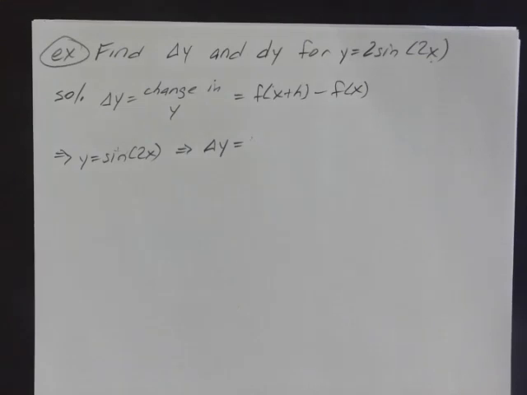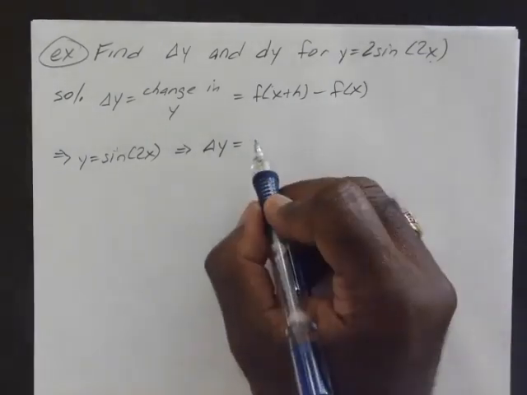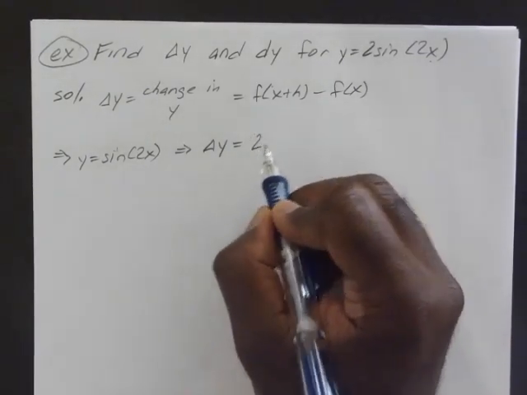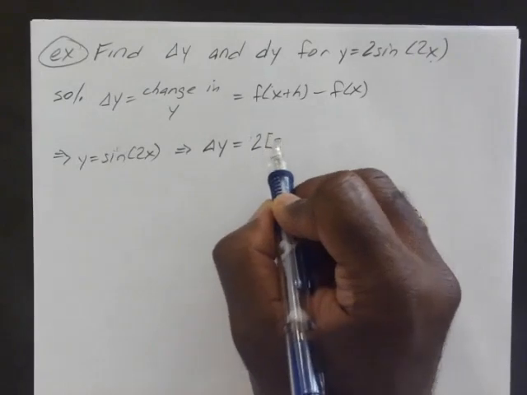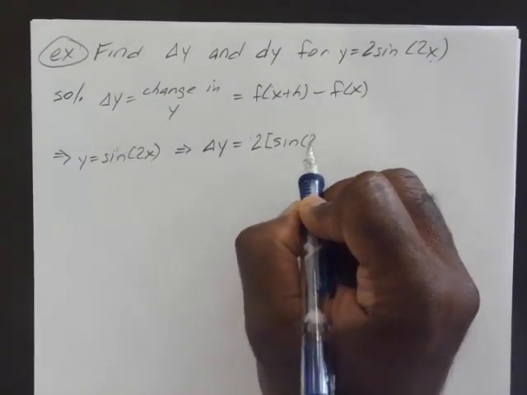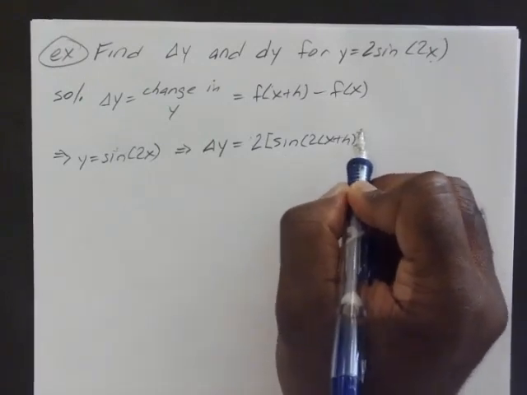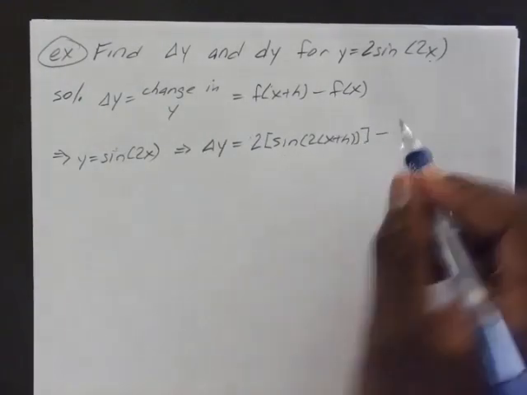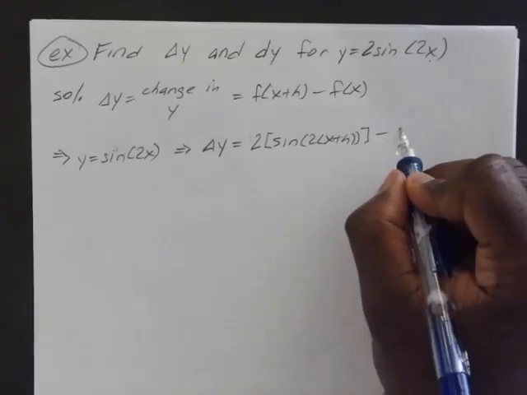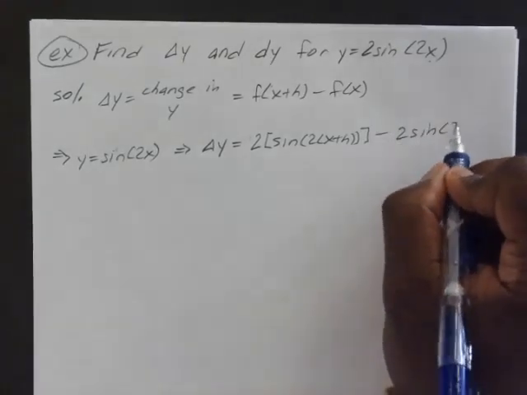So that's 2 times sine of 2 times x plus h. You just replace the x with x plus h, minus your f of x, which is 2 times sine of 2x.